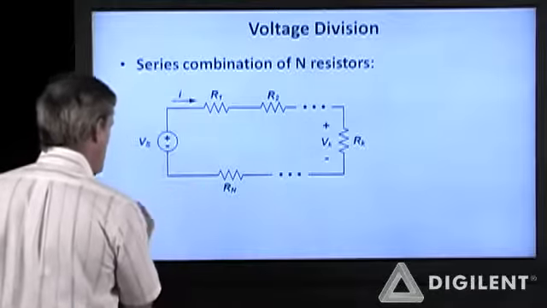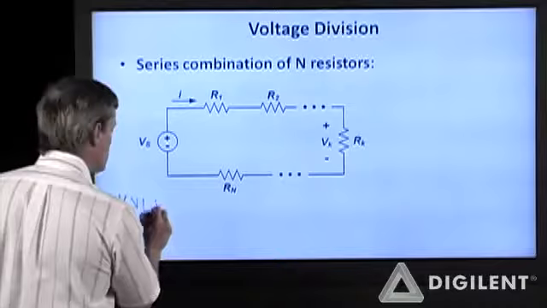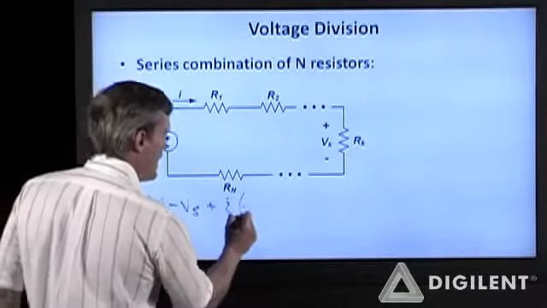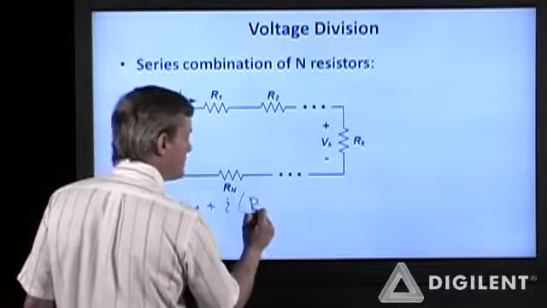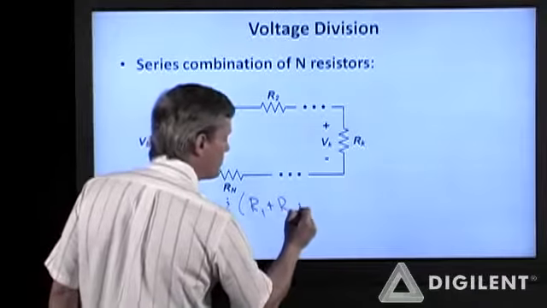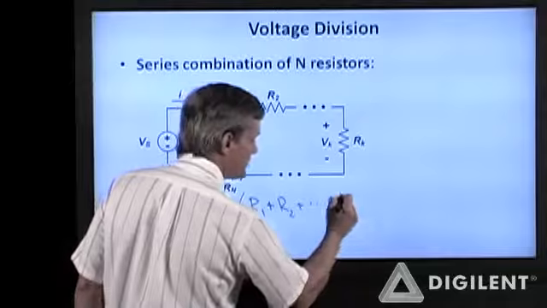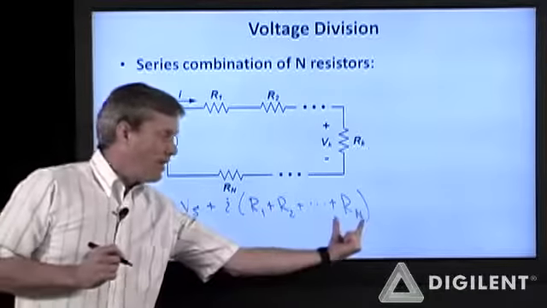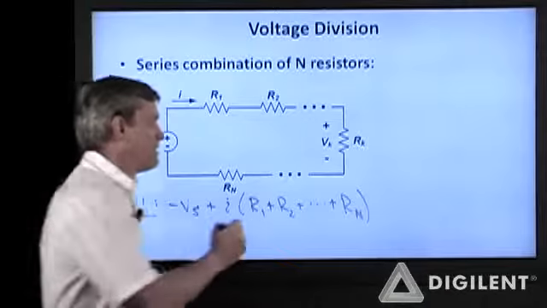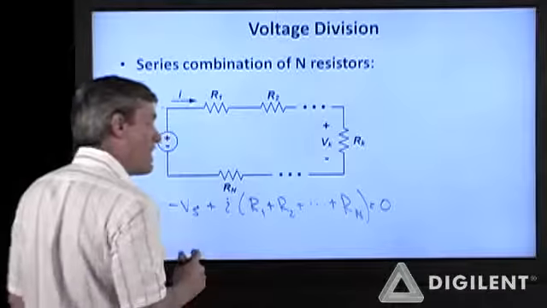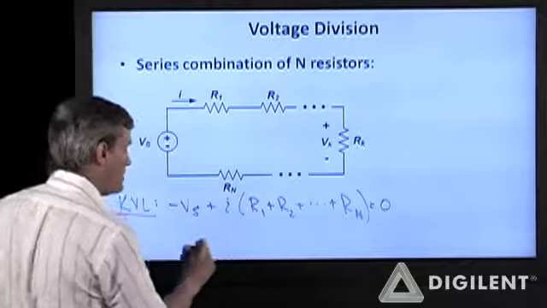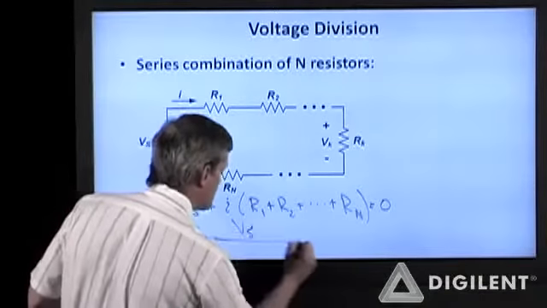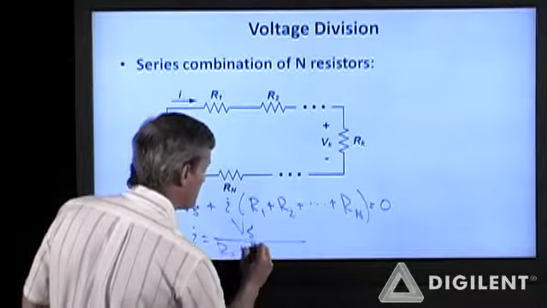If I do KVL around this loop, I will find that minus V sub S plus I times the sum of all the resistors, R1 plus R2 plus all the other resistances in this series combination, on down to R sub n, is all equal to 0. If I solve this equation, I is equal to V sub S over the sum of all the resistances.